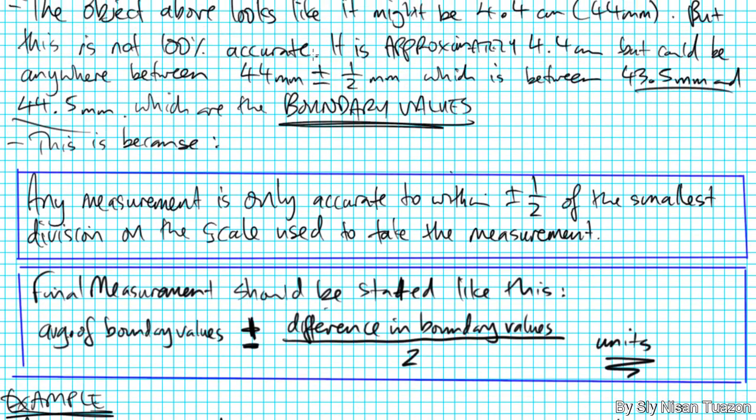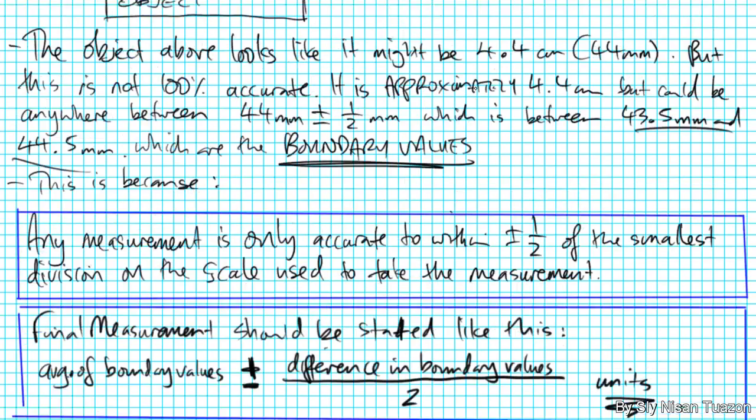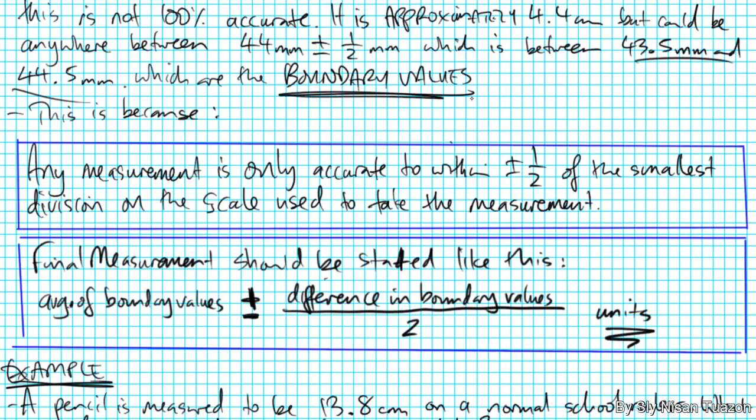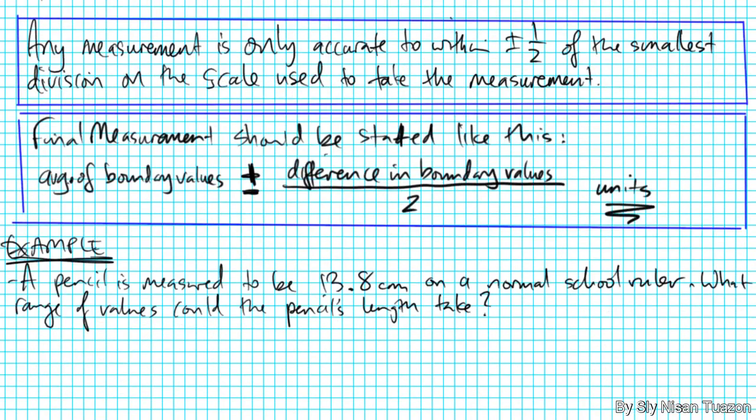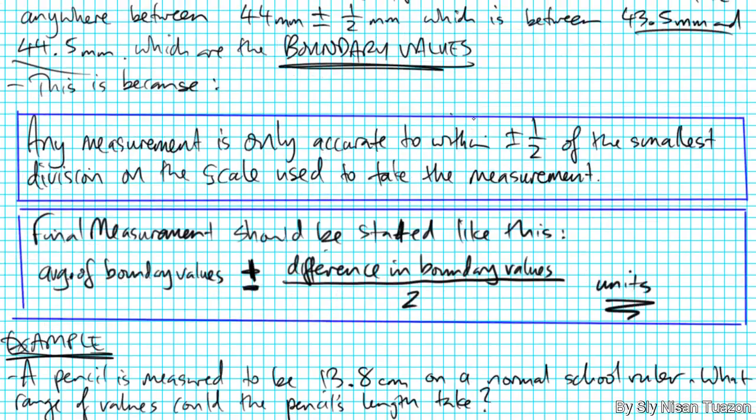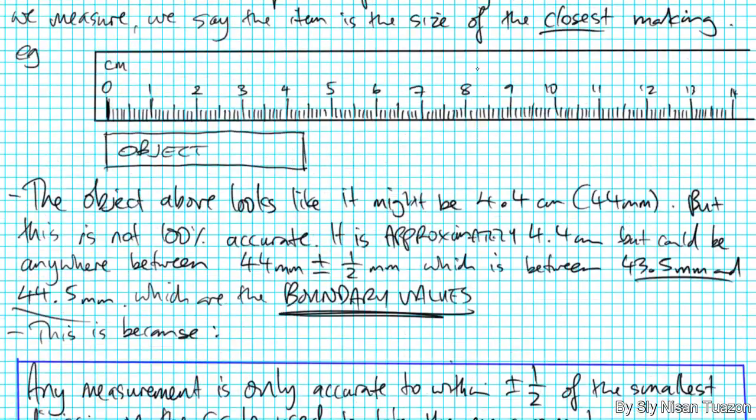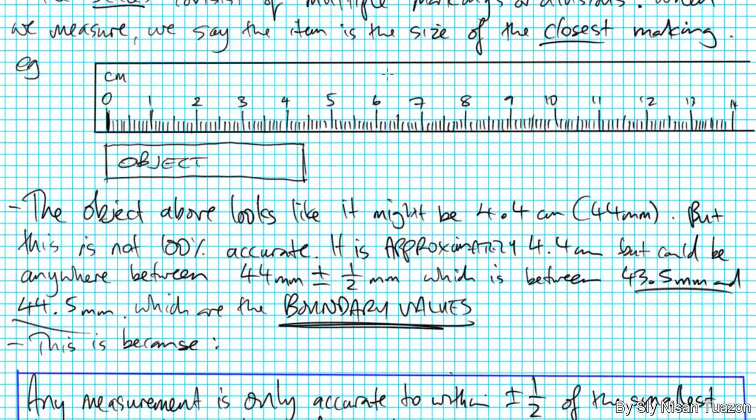The measuring tools are only as accurate as that, like in the example above, because it's accepted that any measurement is only accurate to within plus or minus a half of the very smallest division that you used in the scale to take that measurement. So if we look at that ruler there, yes, there's centimeters here, but what is the smallest division?